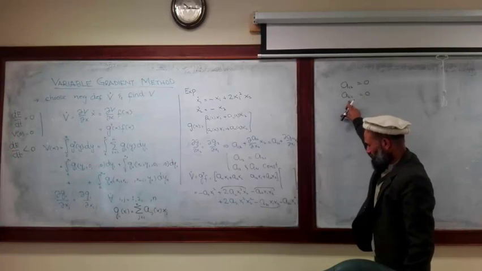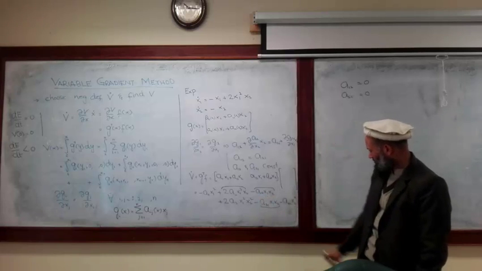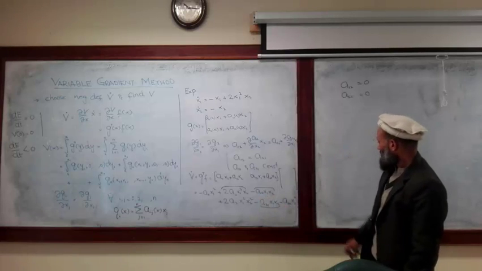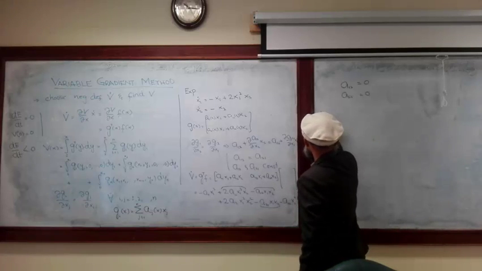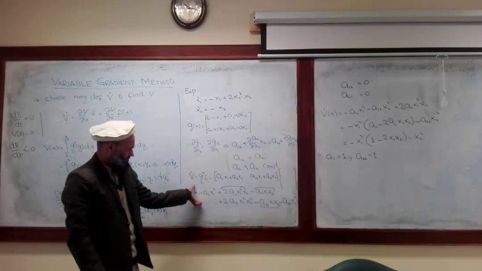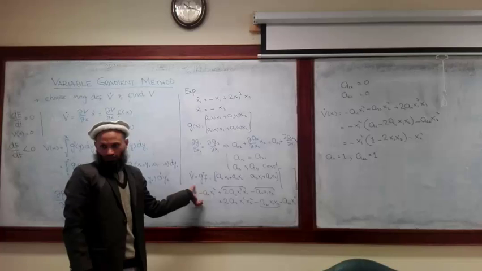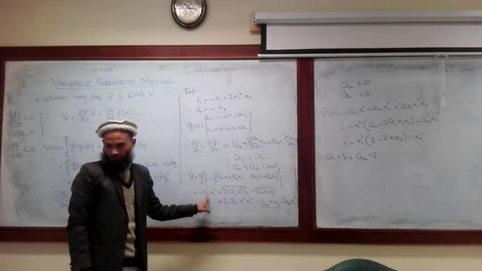A12, A21 equal to 0. This term we want to get rid of, and this term, and then we have V dot of x. Again, here you had different choices. Either you substitute A11 also equal to 0.